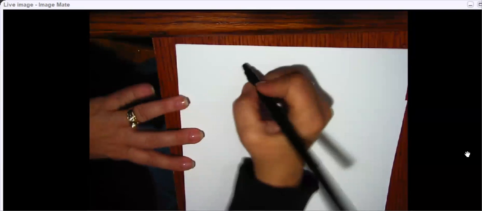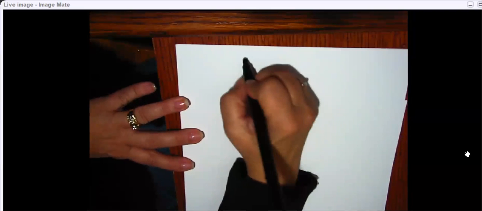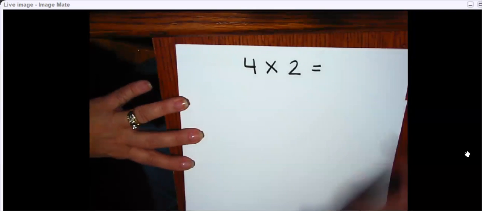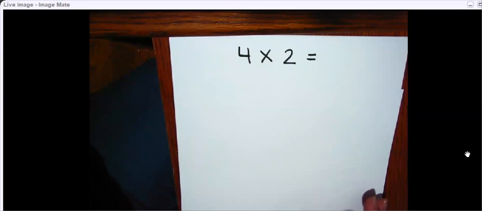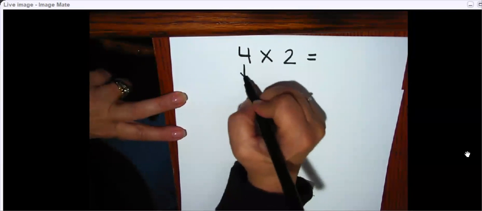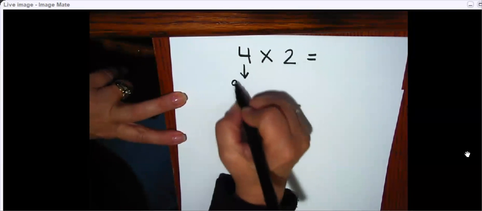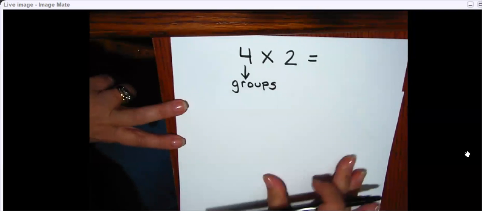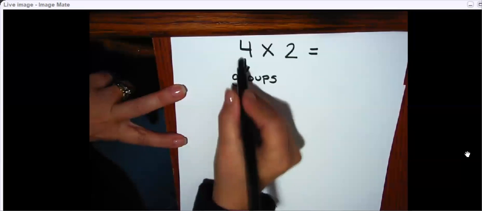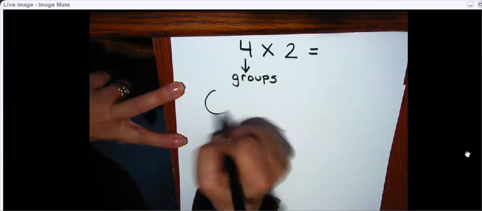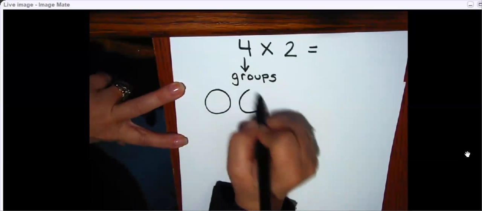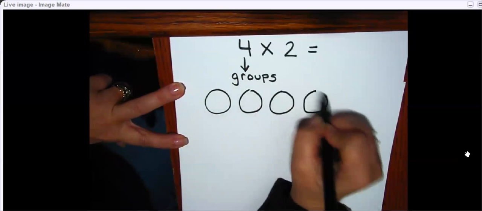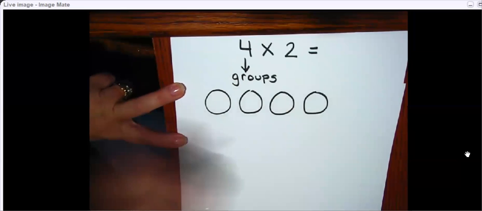Okay, so I'm going to do 4 times 2 this time. Let's see what that equals. So once again, my first number here tells me my groups. And so I have to make 4 circles. 1, 2, 3, 4. Those are my groups.